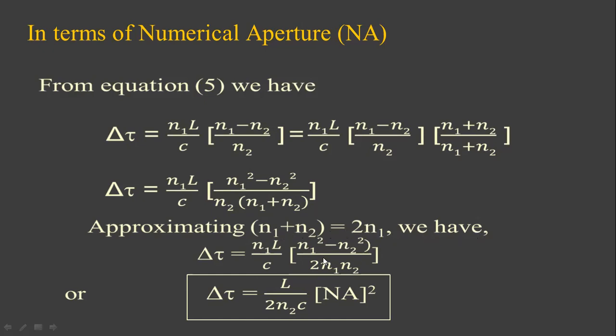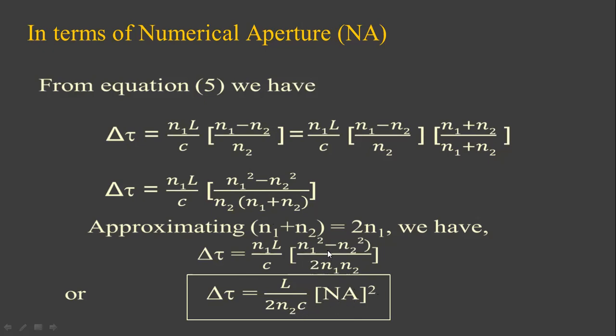And so the above equation becomes delta tau is equal to N1 into L divided by C, and here N1 square minus N2 square divided by 2N1 into N2, and this N1 gets cancelled. So we are left with L divided by 2 N2 C into NA square.